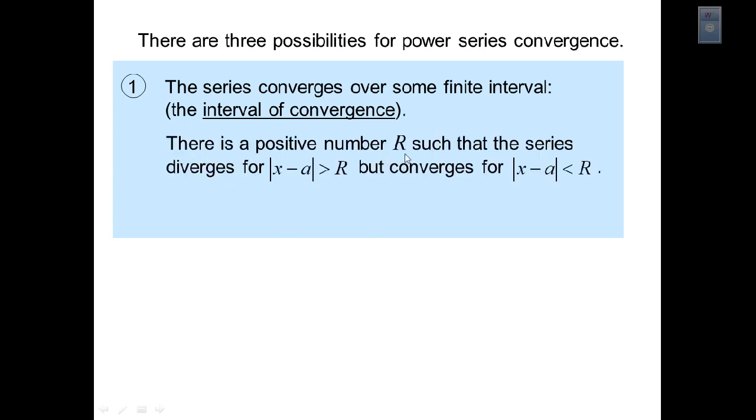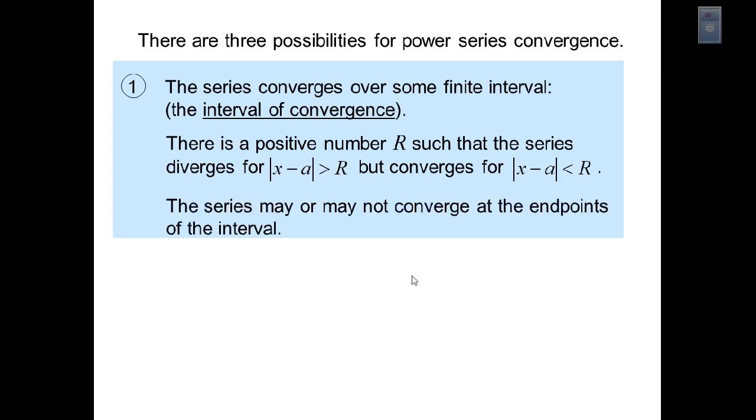There is a possible number r such that the series diverges for all values greater than r, but converges when those values are less than r. And the series may or may not converge at the endpoints of the interval. You have to check them.